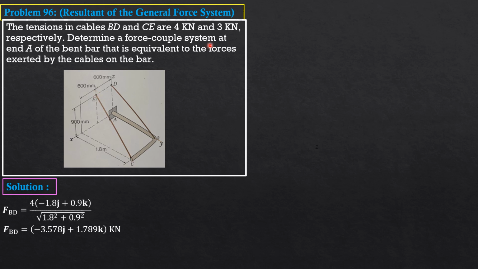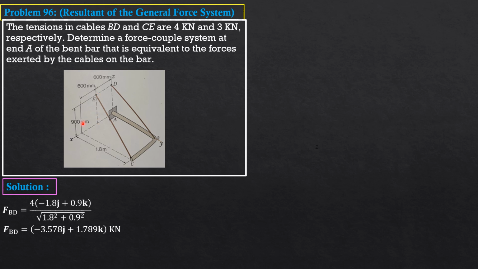FCE, the magnitude is 3. It is directed leftward along Y, so negative 1.8 j, backward along X, so negative 0.6 i, then upward along Z, 0.9 k.